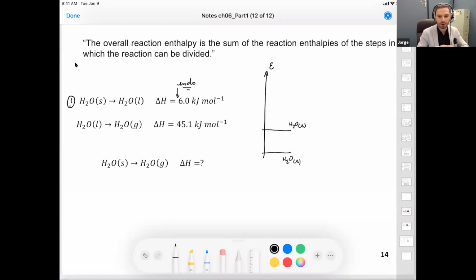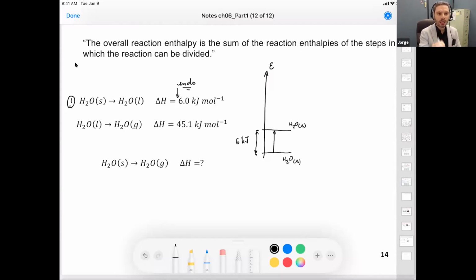Therefore, the energy of the products is higher than the energy of the reagents. So we go from down all the way up here. The delta H is the difference between these 2 points over here. And we know that for this reaction is going to be 6 kilojoules.